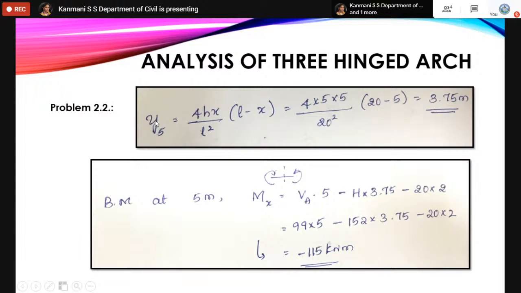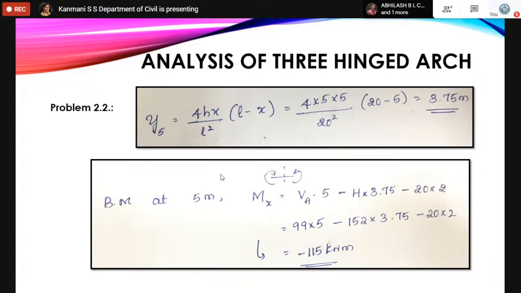Moving on, Y at a distance 5 meters is found by the formula 4HX by L square into L minus X. We have put that formula and arrived at the value of 3.75. Bending moment at 5 meters, that is the MX formula, we are going to put. We have considered the left-hand side, wherein VA is moving in the clockwise direction, so plus VA into 5.